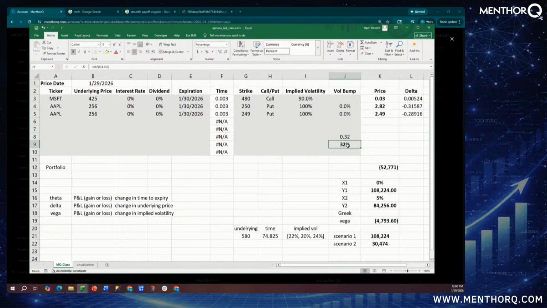So once you get one of these calculators set up, you can really play and start to understand exactly what the market's telling us about probabilities, and then you can start to connect that with your view. So, for example, if you thought that the probability was much higher, you should consider buying some of these options, and vice versa.